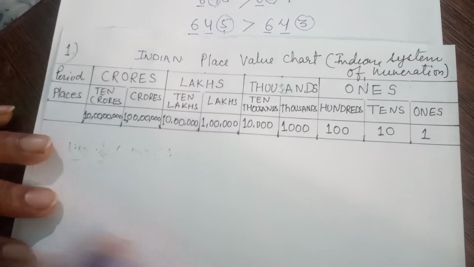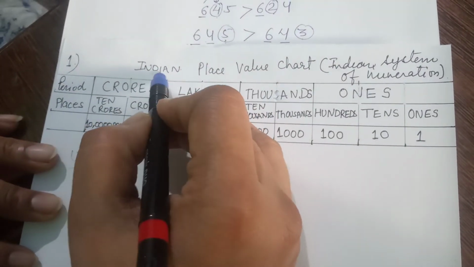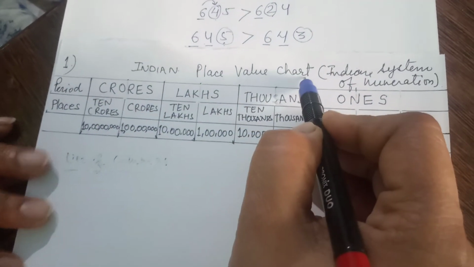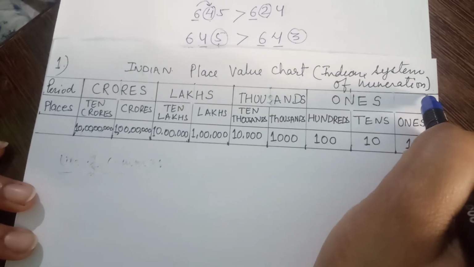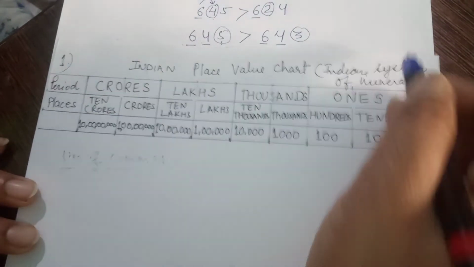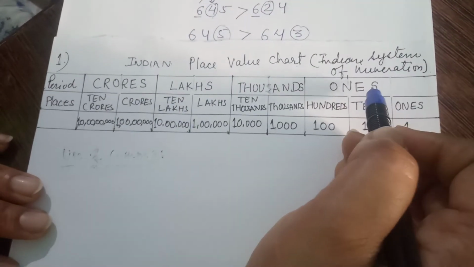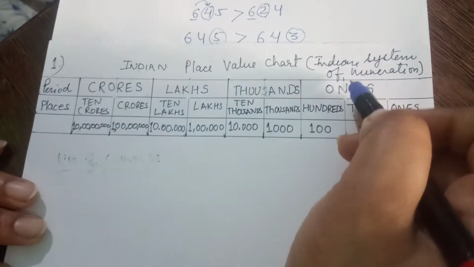First we study the Indian place value chart. It is also called the Indian system of numeration. Now, there are four periods in the Indian place value chart.